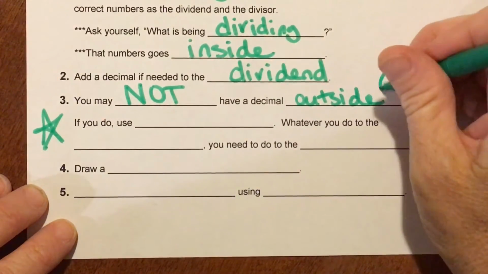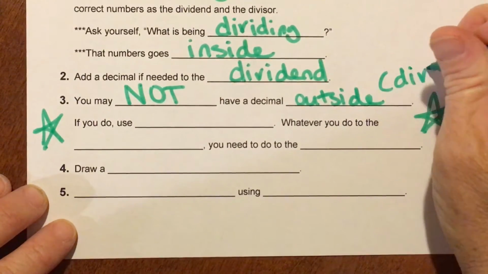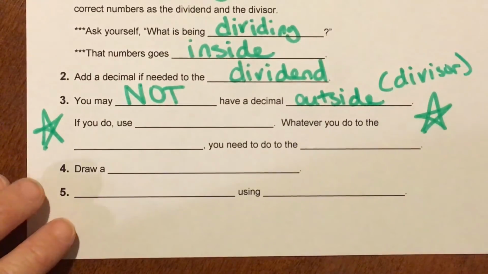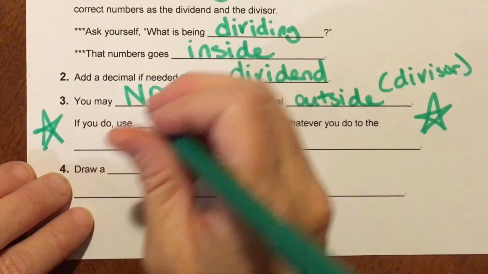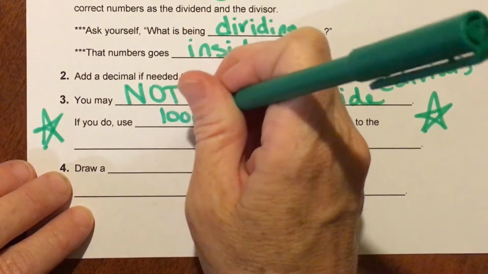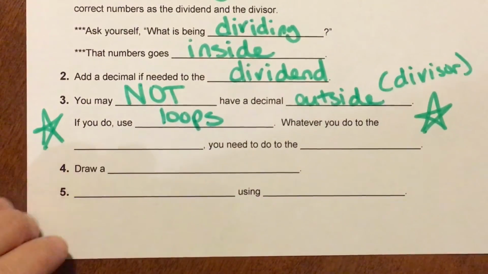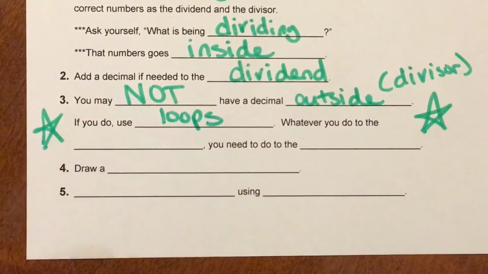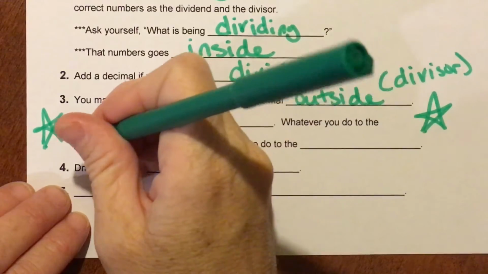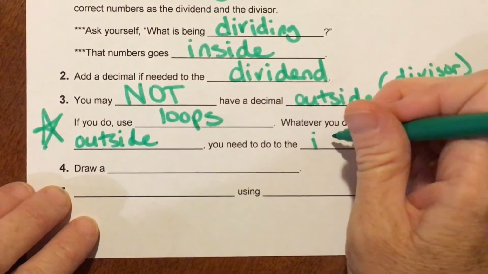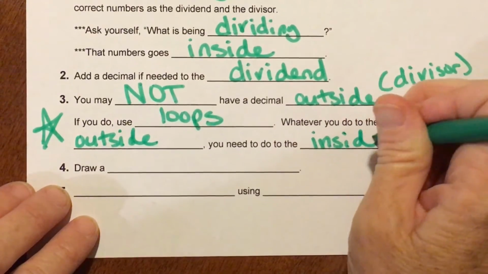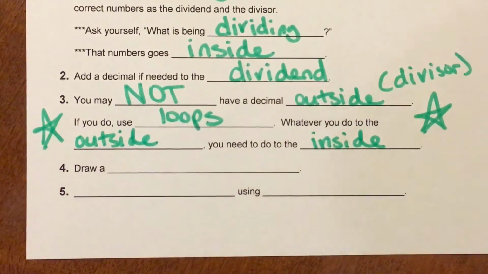And remember, my outside number is my divisor number. So you may not have a decimal outside. So if you do, you need to use loops. Okay, and then this is a rule that comes up again and again in math. So whatever you do outside, you need to do to the inside. Okay, so that step's going to be probably the most different.